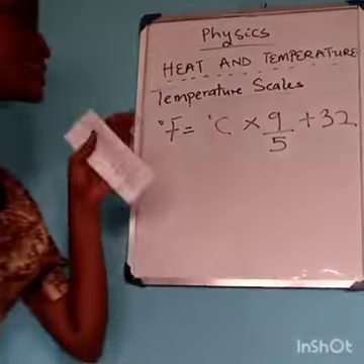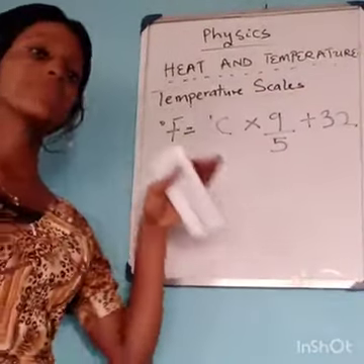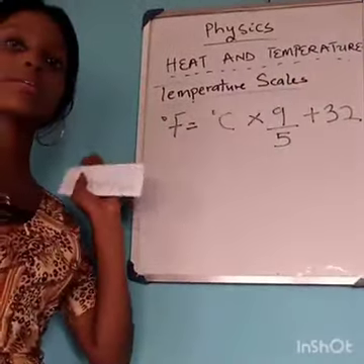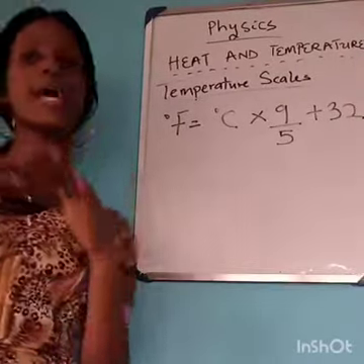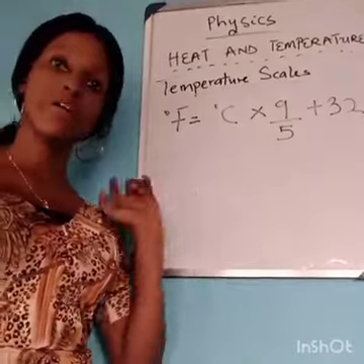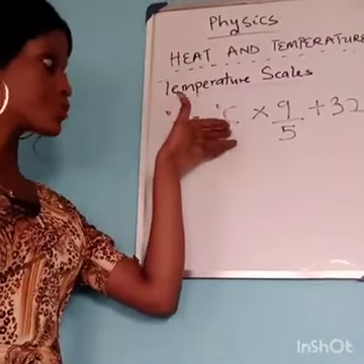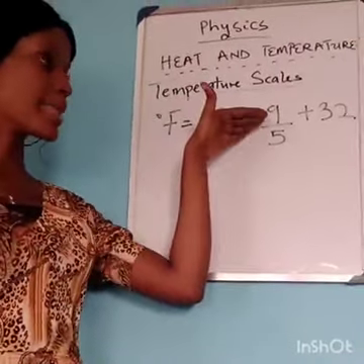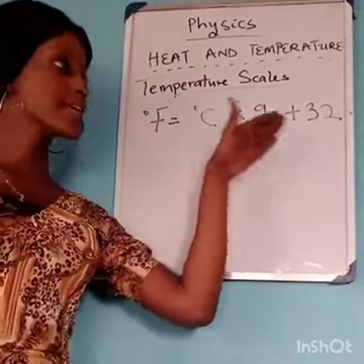That is the simple formula to convert from degrees Celsius to degrees Fahrenheit. So when you are given the value in degrees Celsius and you are asked to convert it to Fahrenheit, use this formula. You put your value here, multiply by 9, divide by 5, then add 32.